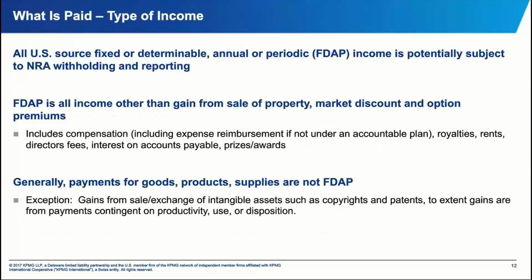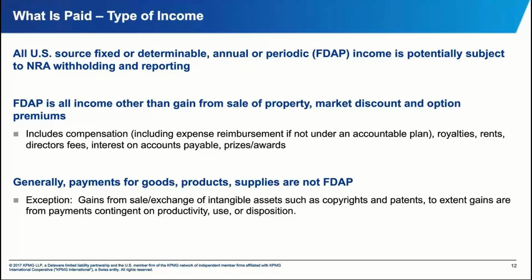So now we're just going to get down into the nitty-gritty about what all this is. So what is fixed or determinable annual or periodical income? It's really any income other than income from the sale of property, market discount, and option premiums. So it's going to include compensation for services, rents, royalties, interest, prizes, awards, anything of that nature. As far as the sale of property, there is one exception.